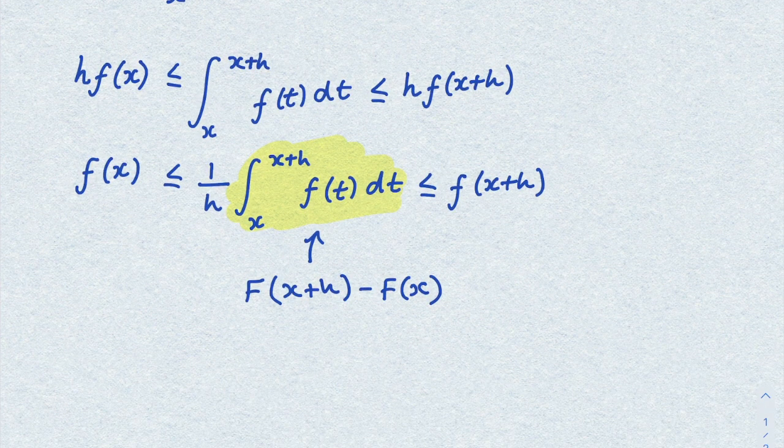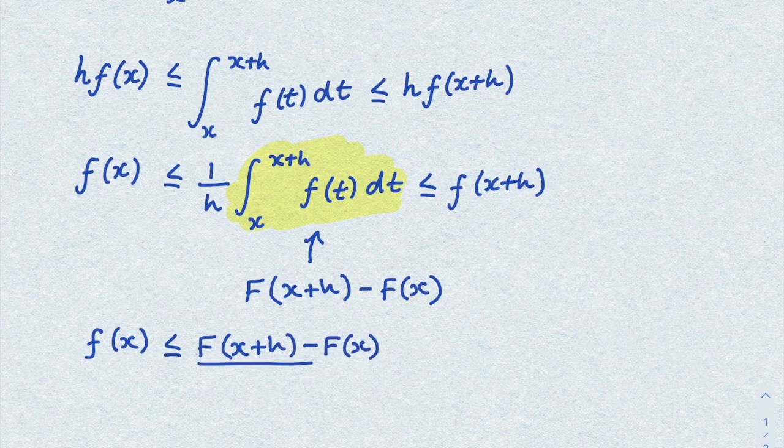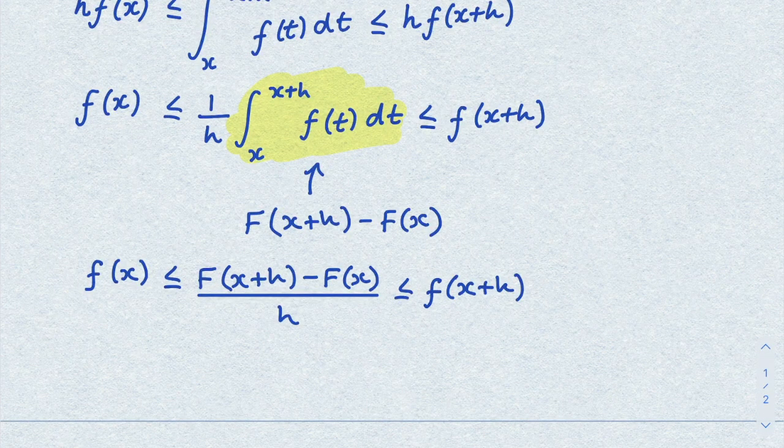So we can just write this inequality as lowercase f of x is less than or equal to uppercase F of x plus h minus uppercase F of x all over h, which is less than or equal to lowercase f of x plus h. So now what you should be able to see is what we've got in the middle is very similar to the definition of the derivative from first principles. The only thing it's missing is the limit as h tends to 0.